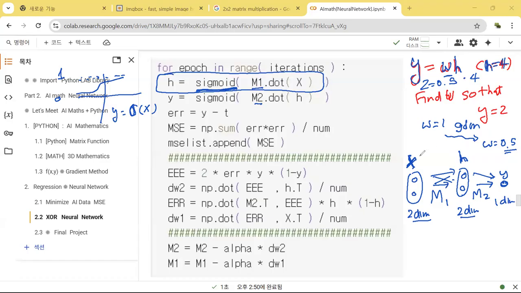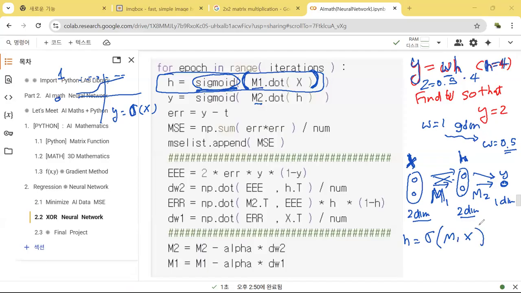Once the input vector is transformed by M1, after that, take the sigmoid one more time. Sigmoid of M1 times X, let this be H. So H is M1 acting on X and then taking the sigmoid value.